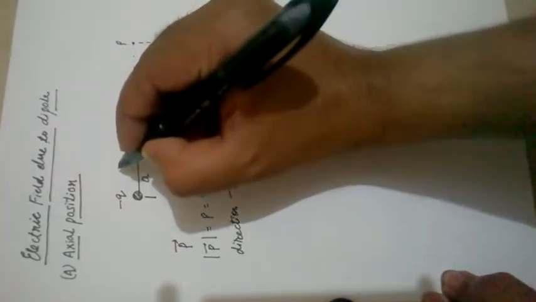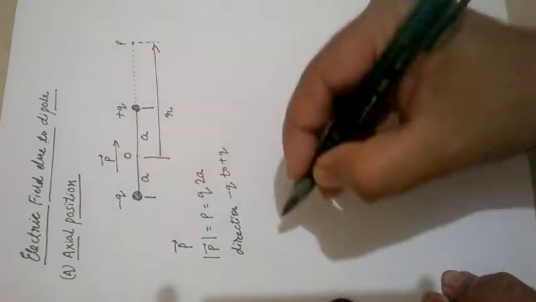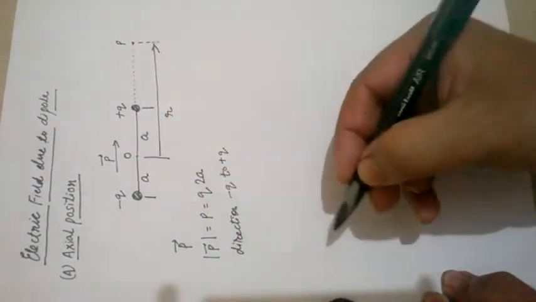So we can show here that this is the direction of the dipole moment vector. It is in the direction from negative to positive charge.